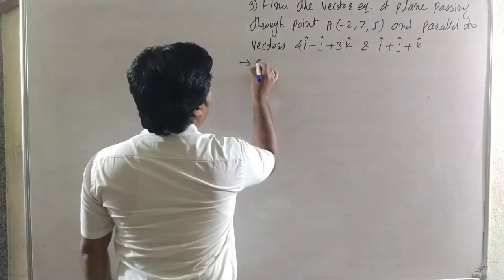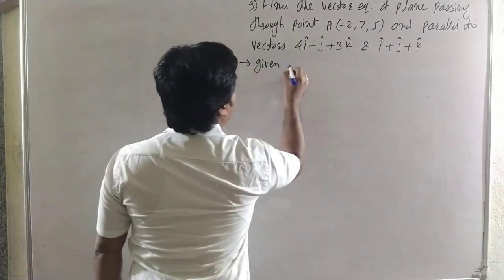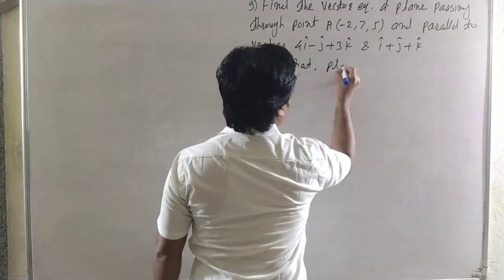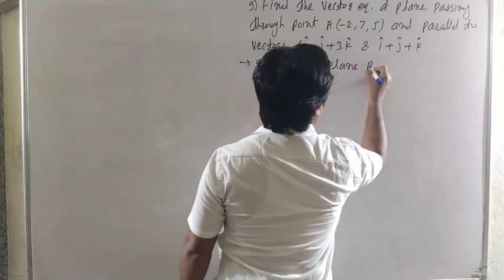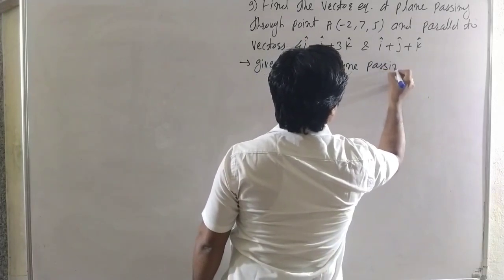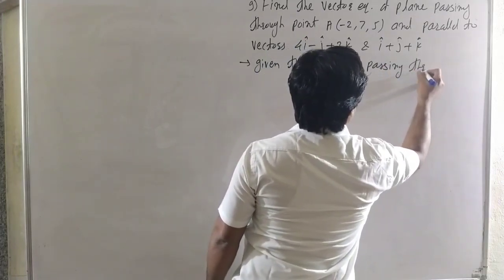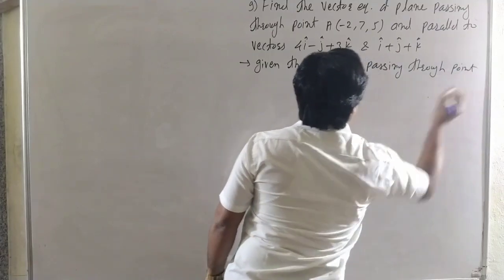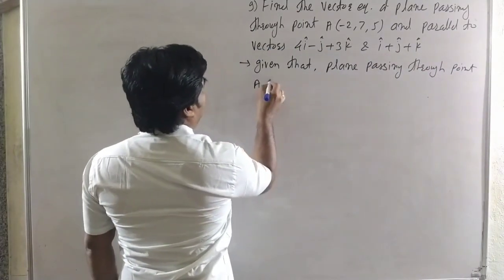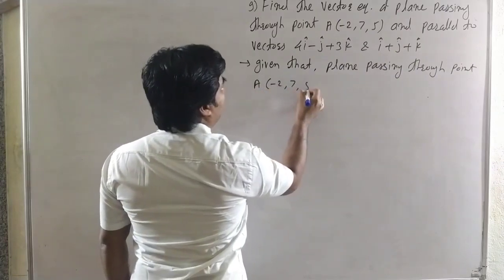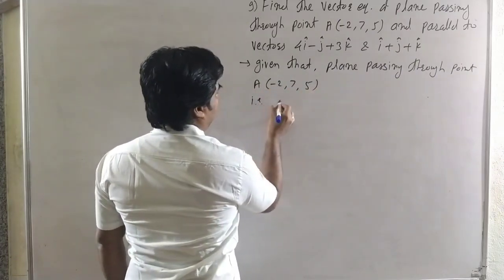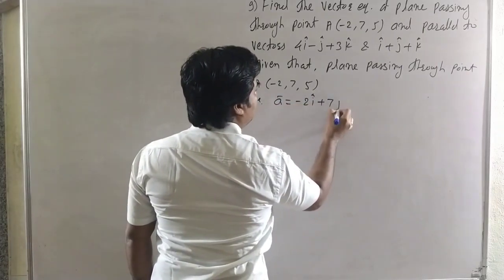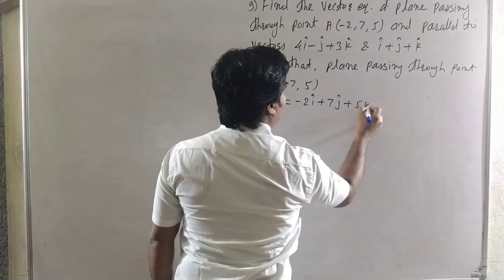Now here, given plane passing through point A, it is -2, 7, 5. That is, we can write A bar is equal to -2i cap plus 7j cap plus 5k cap.